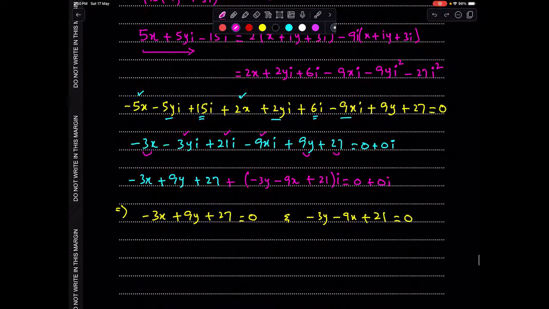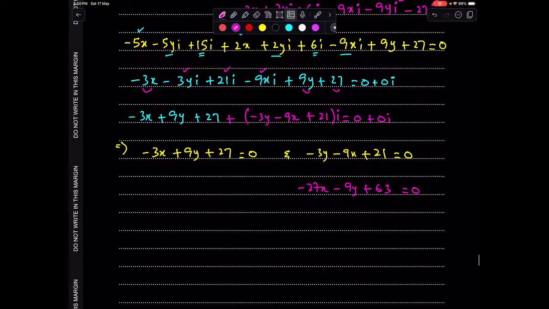Then I will do elimination. So when I will multiply this equation with 3, I'll get minus 27x minus 9y and 63. Now I'm doing elimination of this and this.